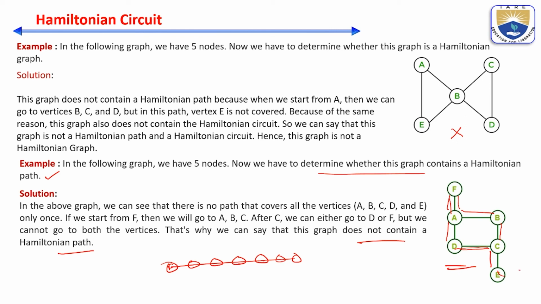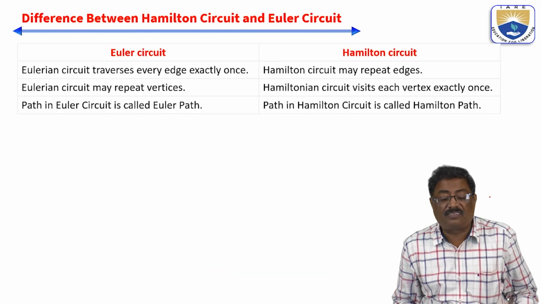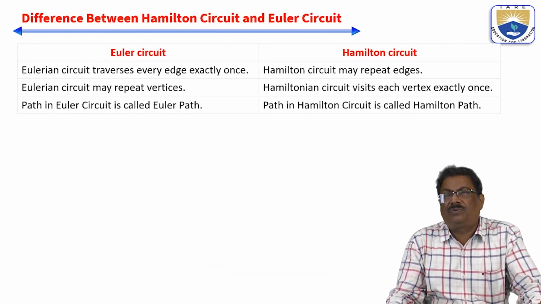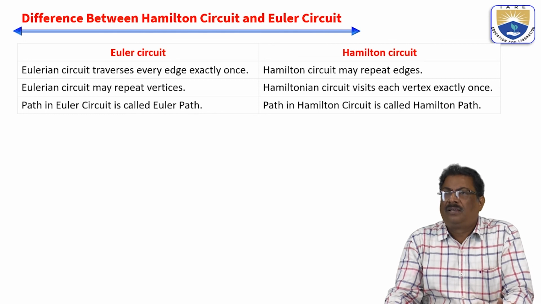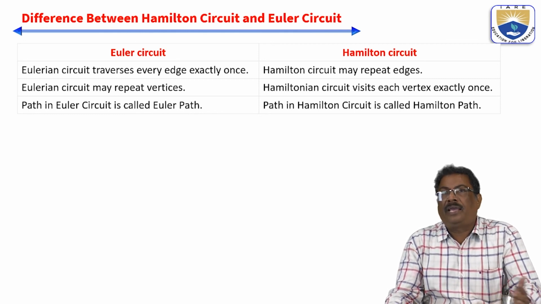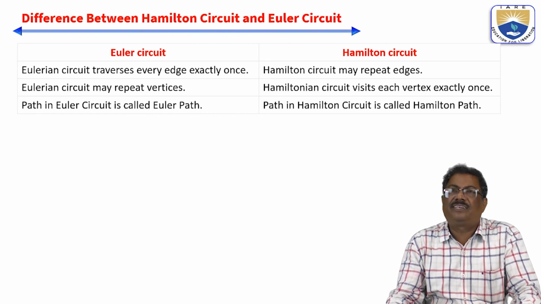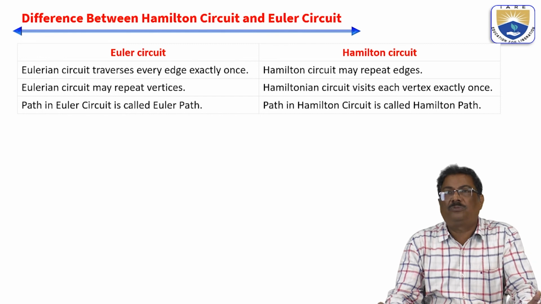These vertices should be in the middle of the path. Then only we say it is a Hamiltonian path. So here a Hamiltonian path does not exist. There is no specific rule by which we can say that this is a Hamiltonian circuit, unlike an Euler circuit. For an Euler circuit, if each and every vertex degree is even, we can say it has an Euler circuit, but that is not possible here.